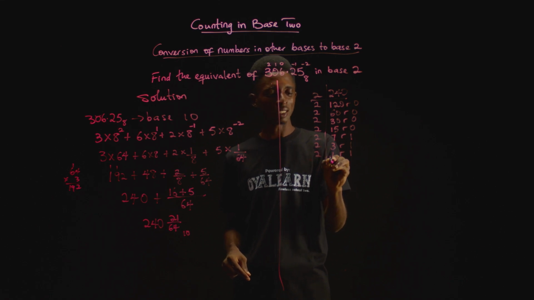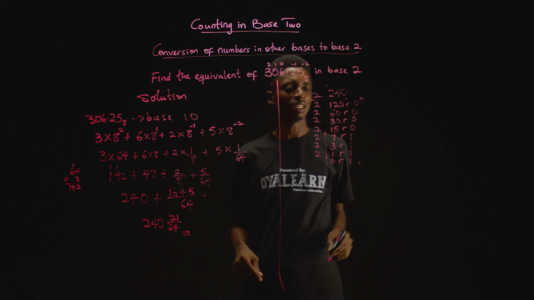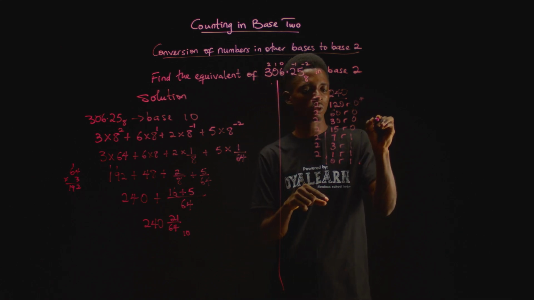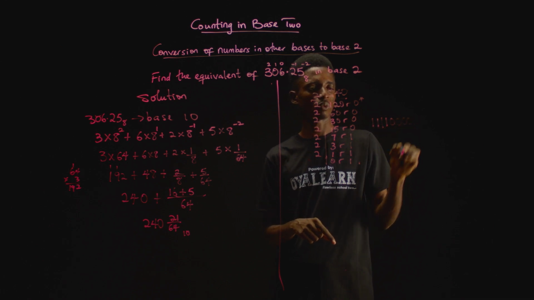And then 2 in 1 is 0, remainder 1. Remember, we have to write this in reverse order. That is, we have 1, 1, 1, 1, 0, 0, 0, 0.